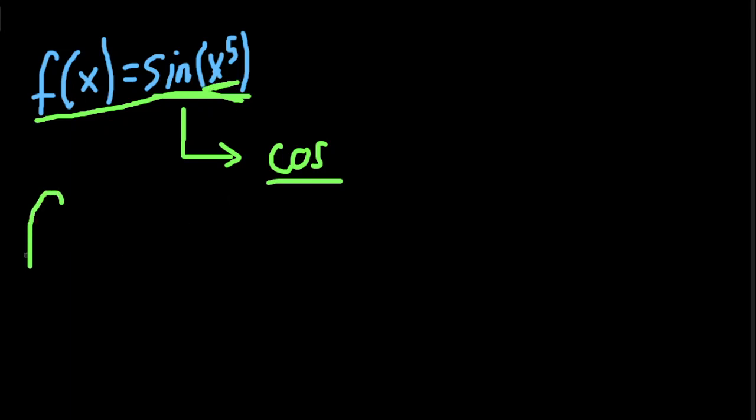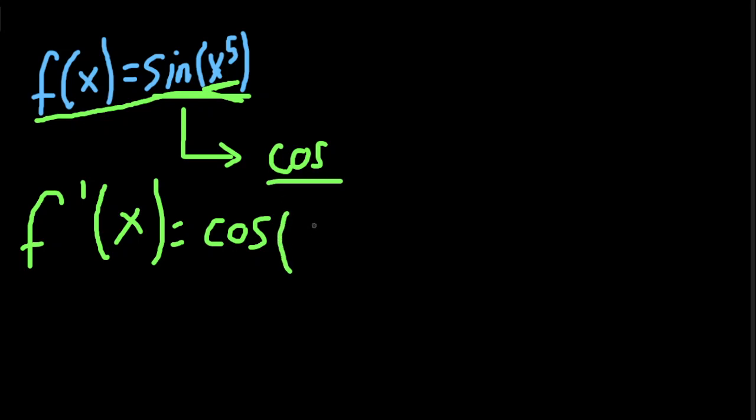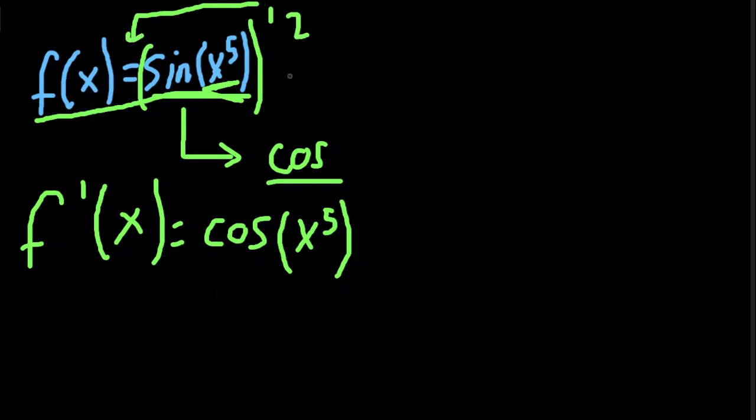So for this, f prime of x is equal to cosine, because it's the derivative of sine. And then just like before, we leave what we have in here for now. By the way, this sine has a 1, so we're just moving the 1 over, which is not really doing anything. If this was a different value, then you would have to bring it over, but for this example, we're not going to make it that complicated.